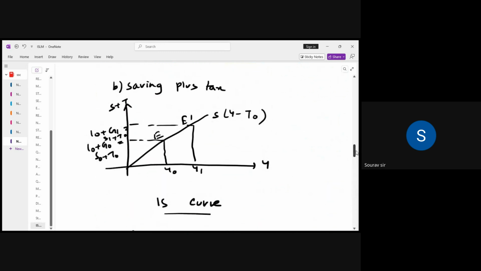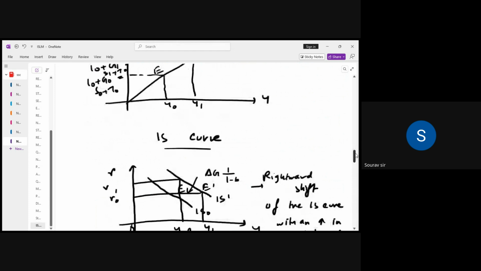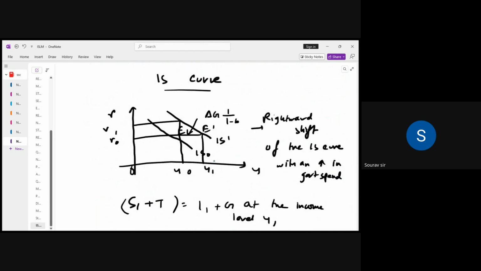At the same interest rate R naught, which fixes I naught, I naught plus G naught changes. So income must fall to maintain this equilibrium condition, as we can see here.